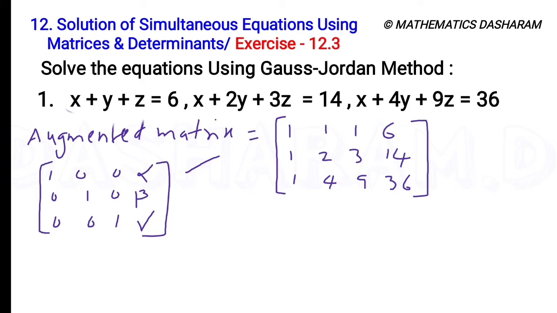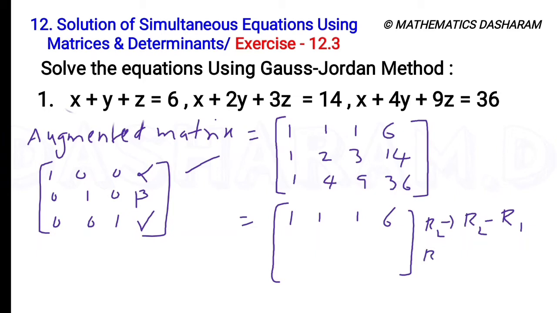So what I am doing here: the first row I am writing as it is, 1 1 1 6. Now the second row I am changing as R2 minus R1, and at the same time R3 as R3 minus R1.